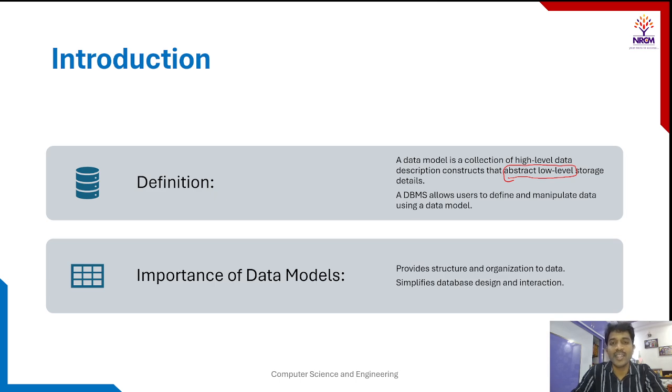See the definition: the data model is a collection of high level data description constructs that abstract, meaning hiding, the low level storage details, because we do not need to know the low level features, got it?